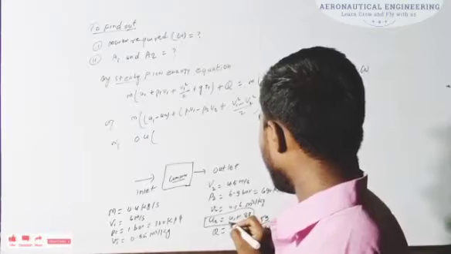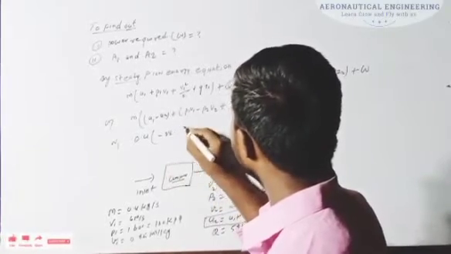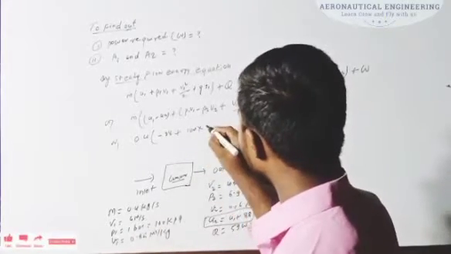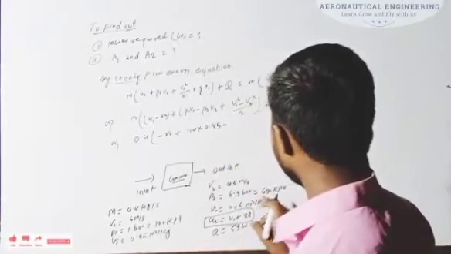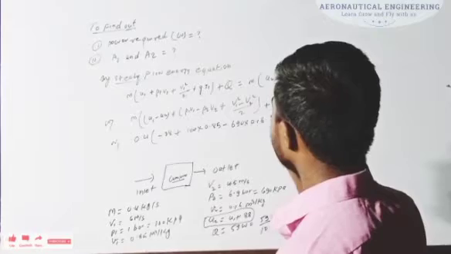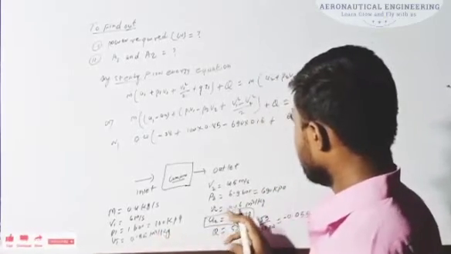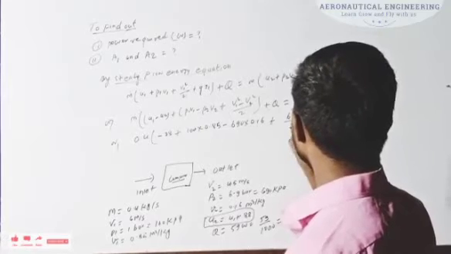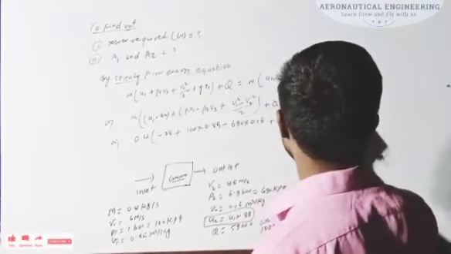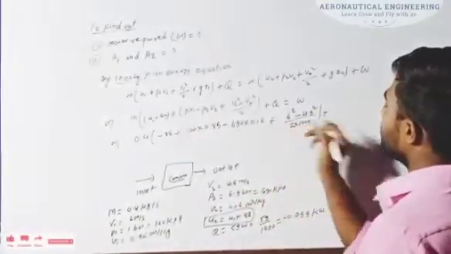So u1 minus u2 becomes minus 88 from here, plus P1 V1, pressure is given 100 into volume given 0.85, minus P2 given 690 into V2 volume given 0.16, plus V1 velocity given 6 square minus V2 given 4.5 square upon 2, into 1000 because we are finding the power produced in kilowatt, plus q.